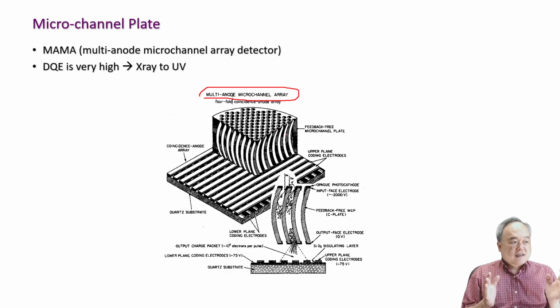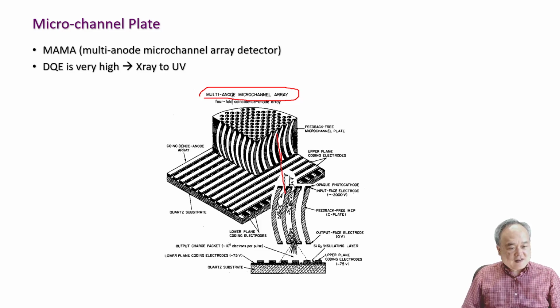Then how do you do it? We create a curved, honeycomb-like microchannel array made of some sort of metal alloy. This curved entrance ensures that the incident light hits the wall at least once.